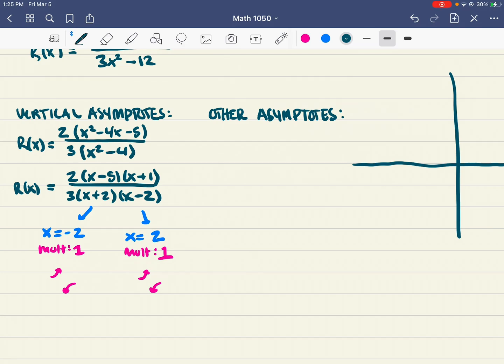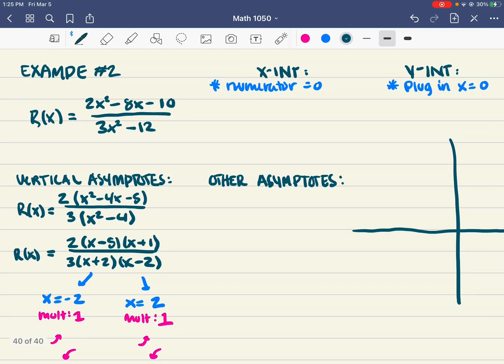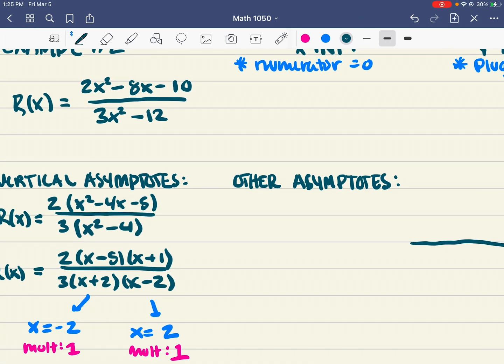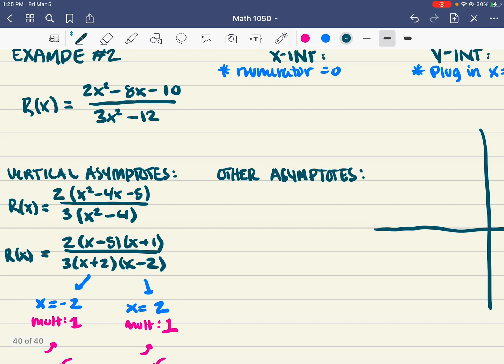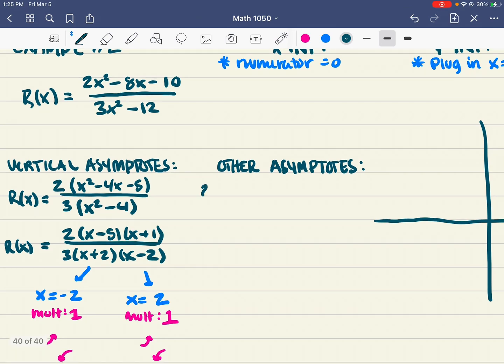The other asymptotes here: this is a situation where the degree of the numerator and the degree of the denominator are the same. So if we do this mental exercise of thinking what this is going to look like really far down the line, when x is either really big or really small, the only thing we're going to care about is the leading term.